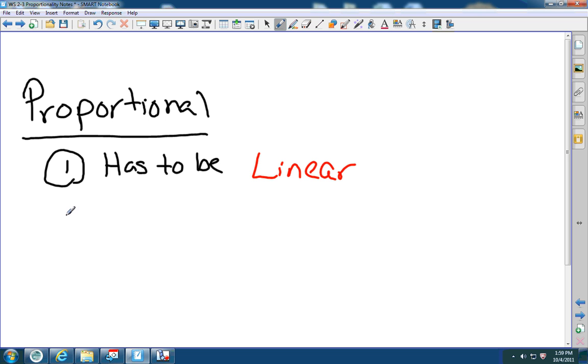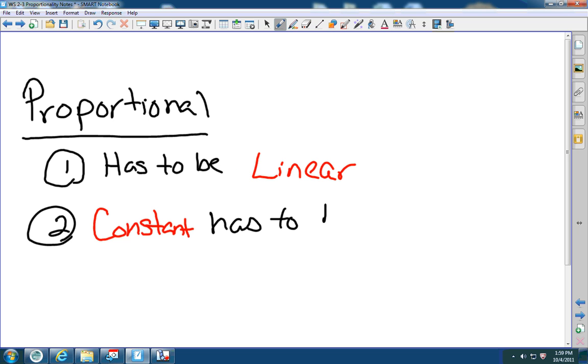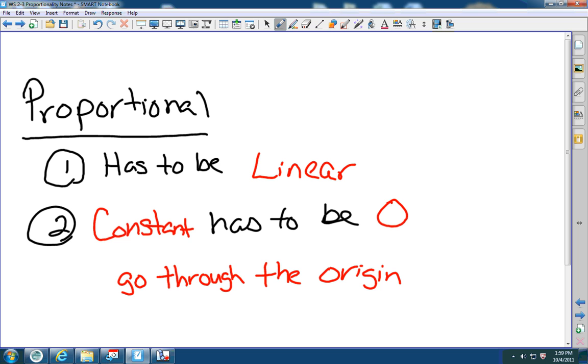Then the next thing that it has to have is the constant has to be 0. Okay? So it must go through, on a graph, it must go through the origin, which is 0, 0.